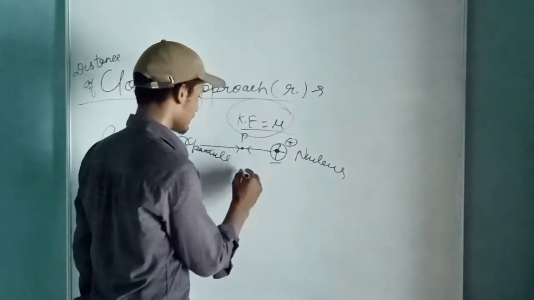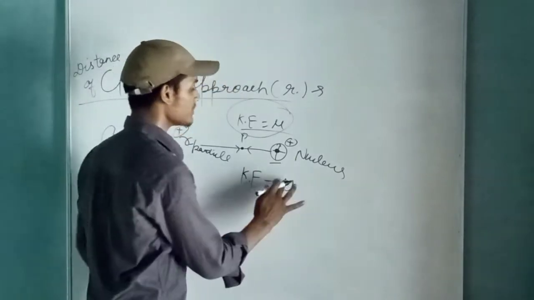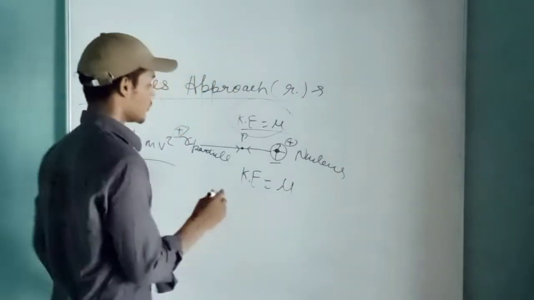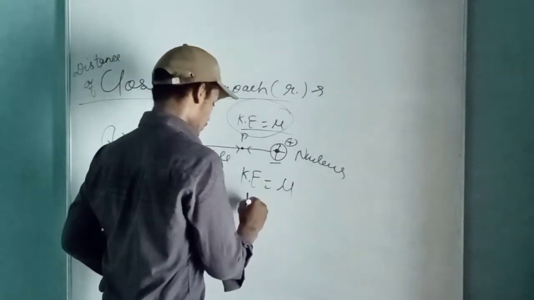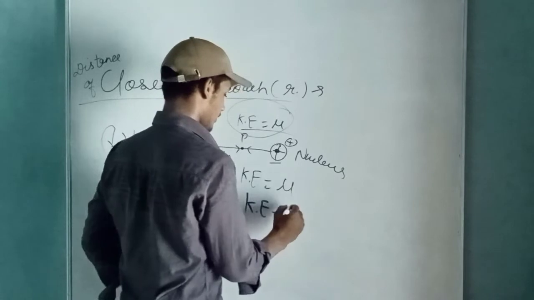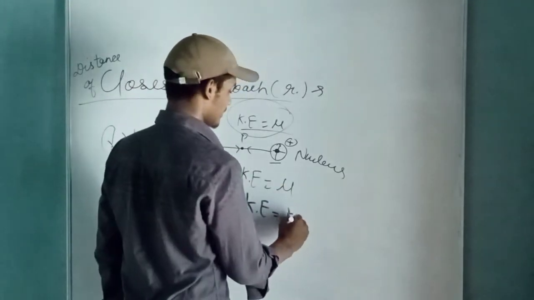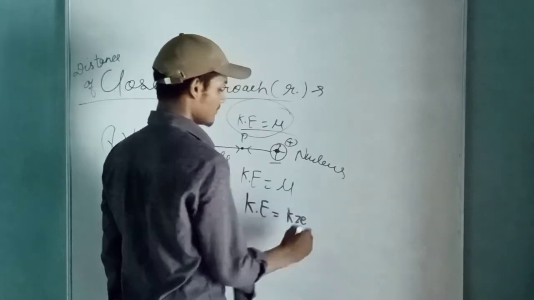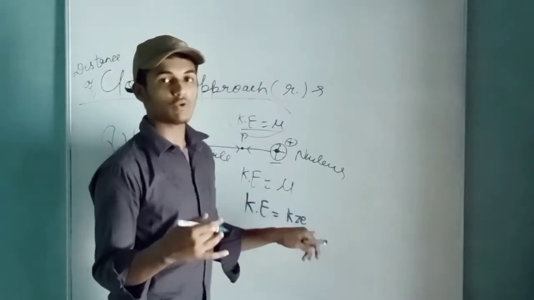We know that kinetic energy is equal to U, the potential energy. What is the formula for potential energy from chapter number 2? What is the charge of the nucleus? The nucleus charge is Ze, because the number of protons is the atomic number.